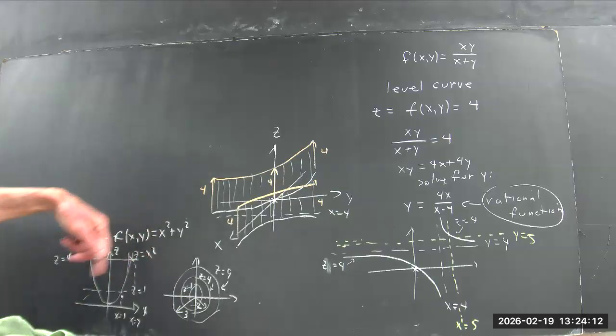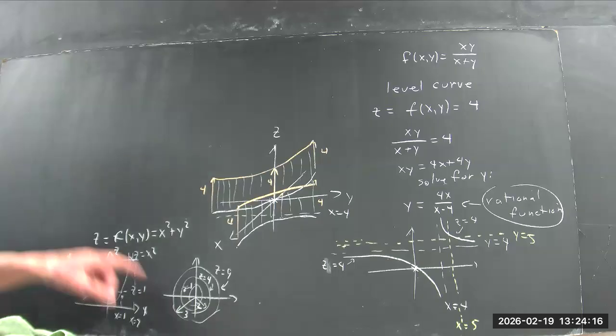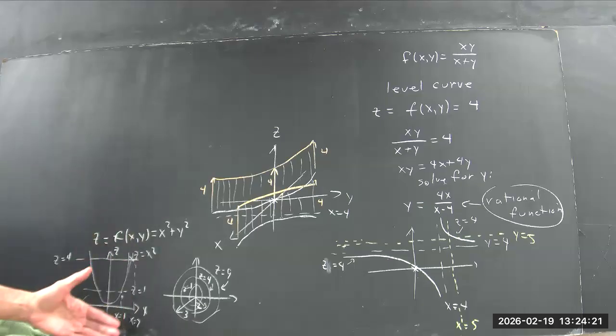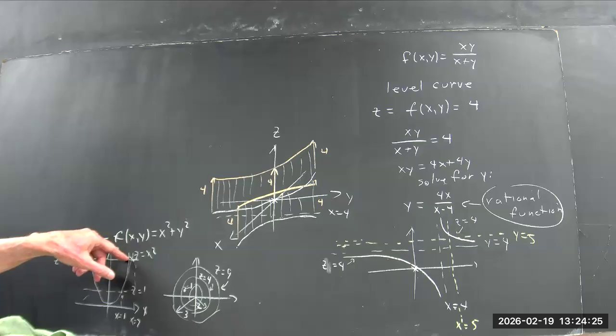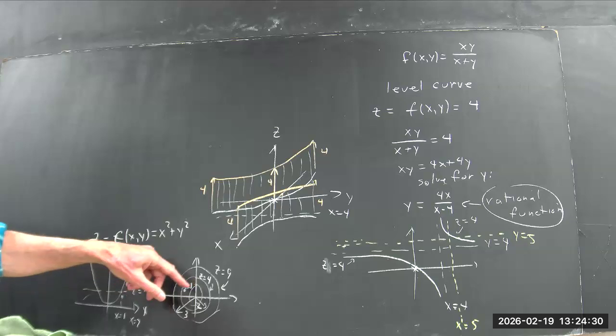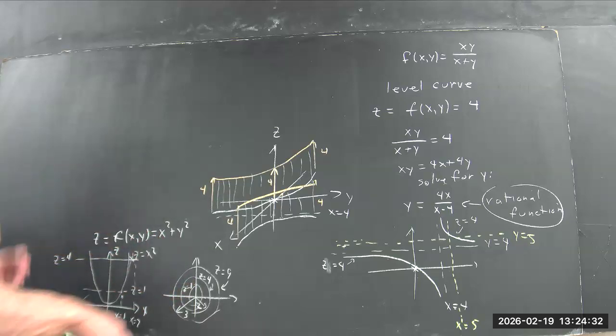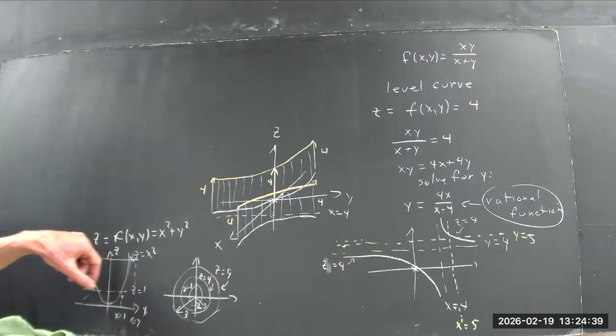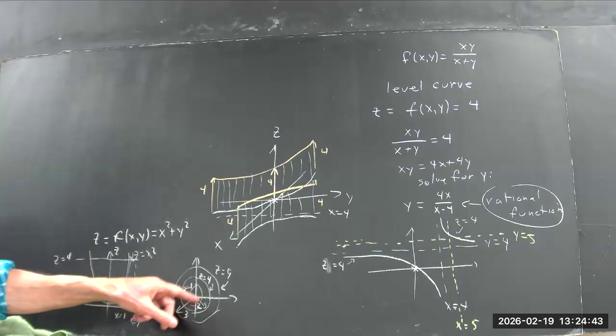If you rotate this curve around the z-axis, you get this paraboloid. If you take the part in the xz plane where x equals 1, you're going to get z equals 1. So if you then rotate this thing around the z-axis, this point will make a circle of radius 1, and there it is.